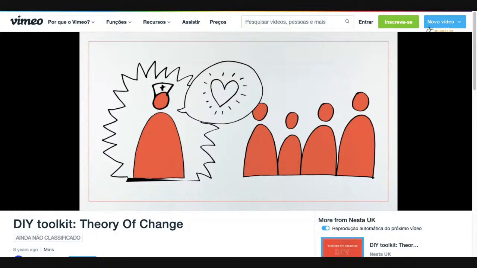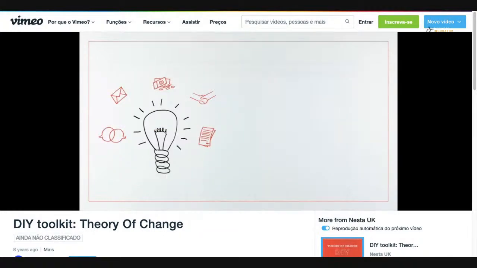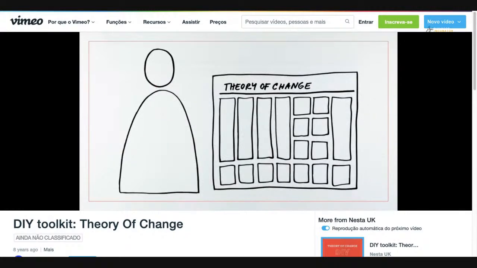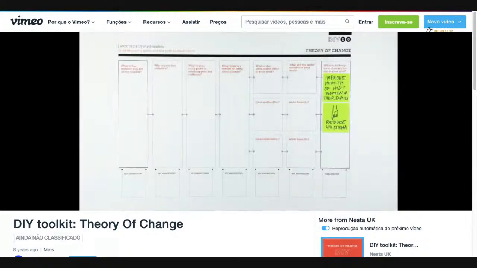Knowing she needs to have a clear idea about what activities are needed and how they will create impact, Danielle has come across a theory of change tool and decides to give it a try. She begins by writing down her long-term goal. At the other end of the worksheet, Danielle writes down the current issue that has triggered her to think this way.